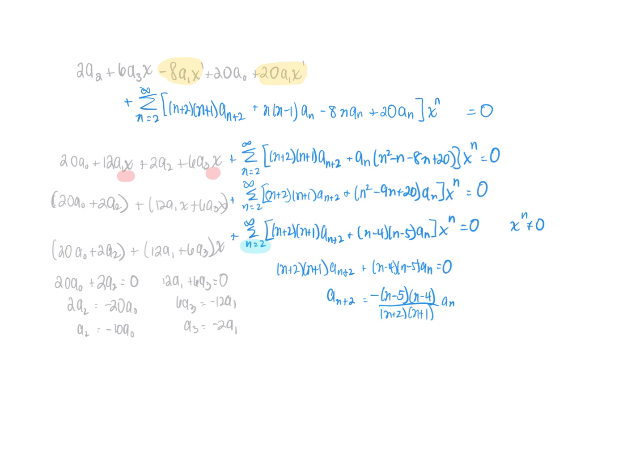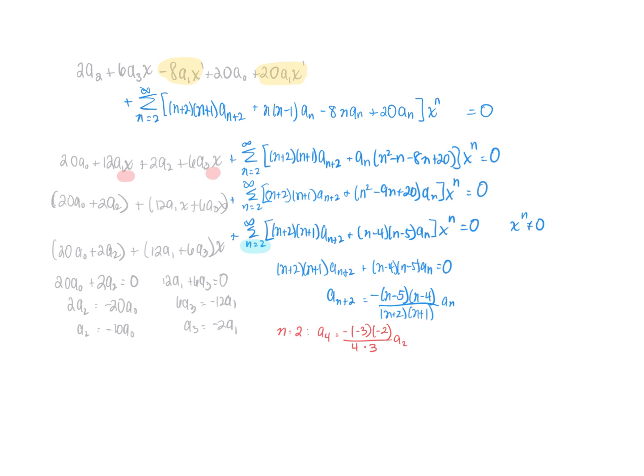So when we plug in n equals 2, we get a sub 4 equaling a negative times 2 minus 5 is negative 3, 2 minus 4 is negative 2, over 2 plus 2 is 4, and 2 plus 1 is 3, and this will be a sub 2. So we get a sub 4 is equal to a negative 3 times negative 2 over 4 times 3.